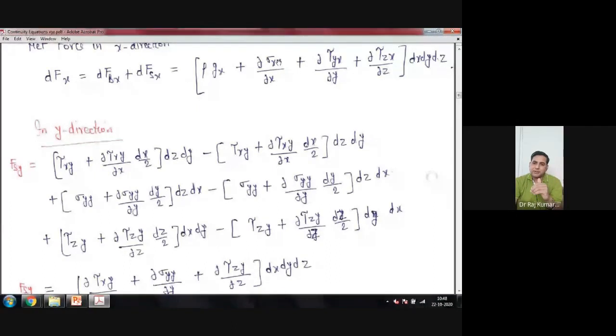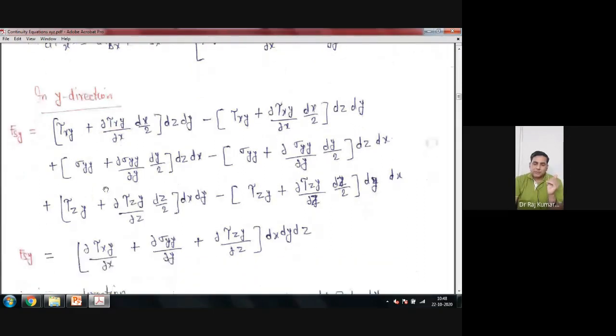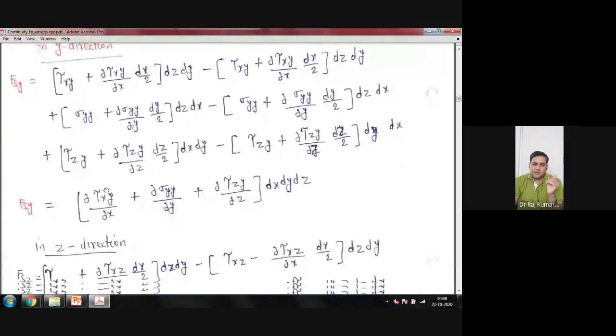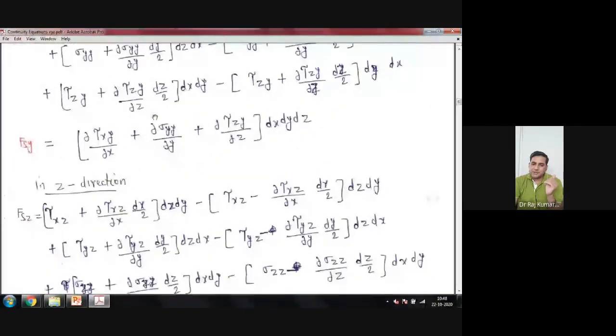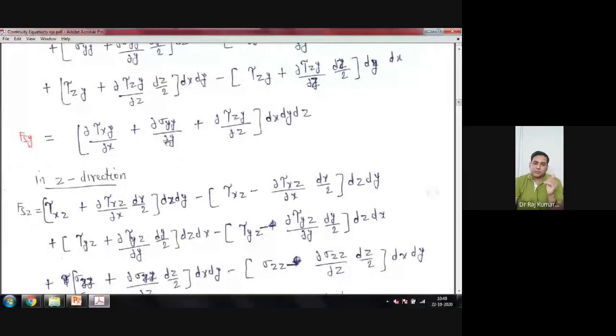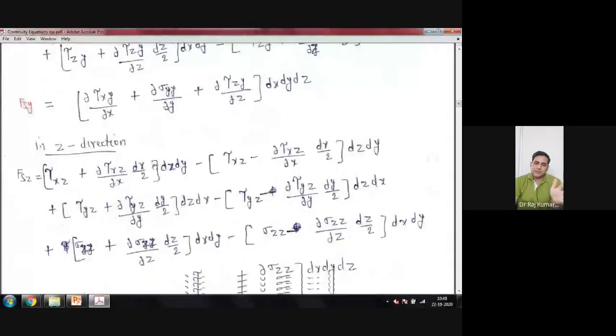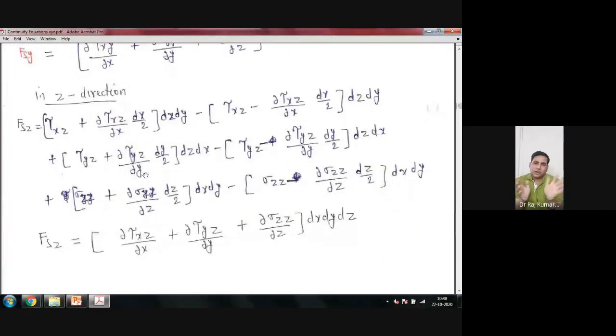So here you change this to y, this also would be changed to y, and your second x would be changed to y only. So you will get the same thing for y direction forces. Similarly, if you do the balance in y direction, you will get this one, the surface force in y direction. Same way you can do for surface force in z direction. So it will complete all your x, y, z.